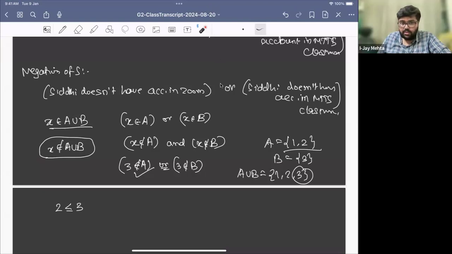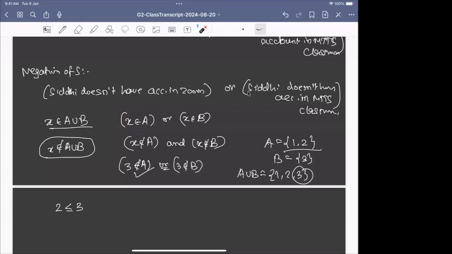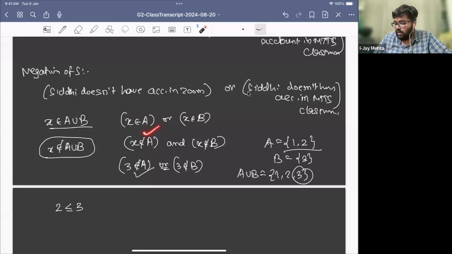That is true. It is there in the union. It can be in both. That is also possible. Both can be true. It can be in A also, it can be in B also.